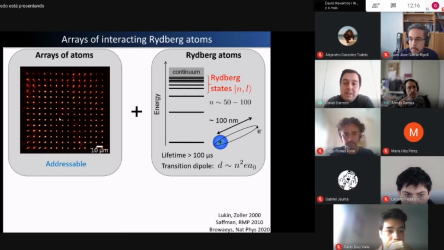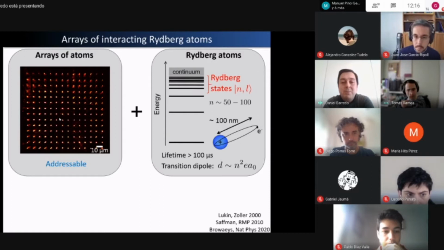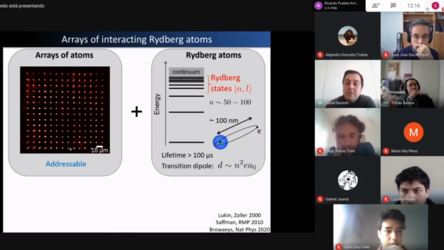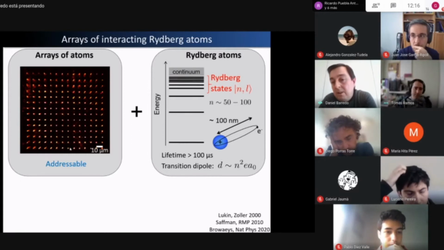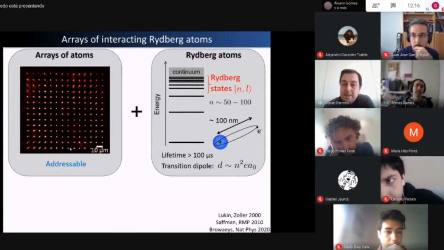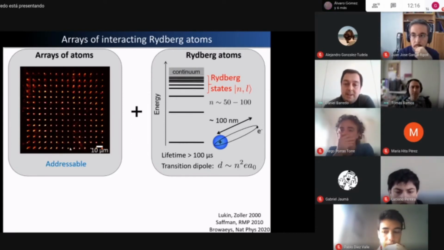I don't want to go into the details, but they have two very nice properties for quantum simulation. On the one hand, they have large transition dipole moments, scaling as the principal quantum number squared, and also they have relatively long lifetimes, exceeding hundreds of microseconds or so.